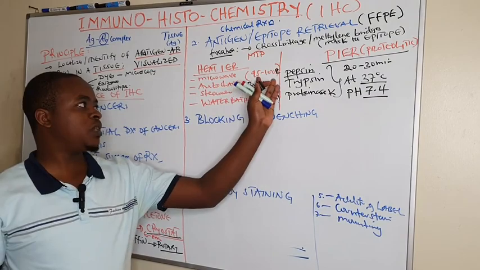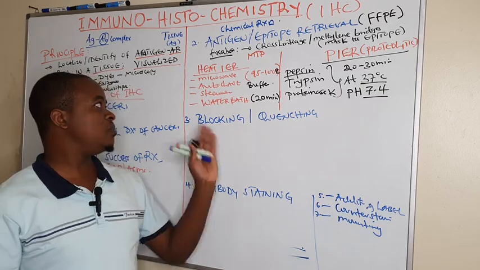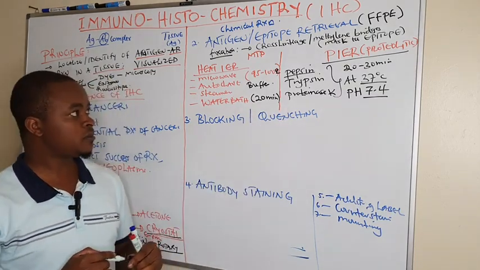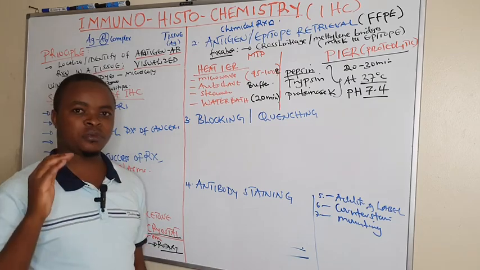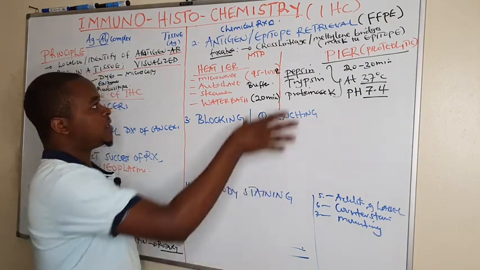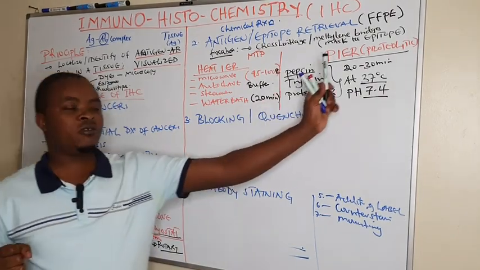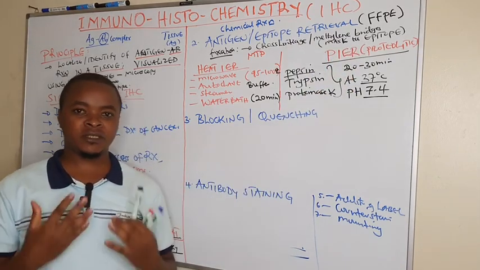But here we saw a temperature of 100, here it is 37 degrees, meaning heat-induced is much faster compared to proteolytic induced epitope retrieval. So these are the methods of epitope retrieval, done only on formalin fixed paraffin embedded sections.